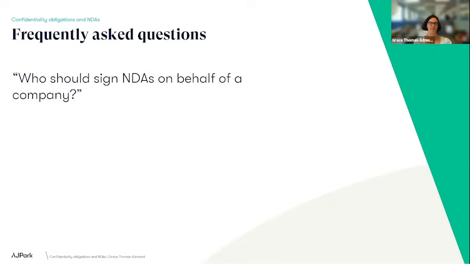If you're thinking about overseas entities, I'd be a bit more careful and do a bit of research into who can sign on behalf of whatever kind of entity you're dealing with. Especially where you're dealing with a big company, you don't want it to be signed by someone well down the food chain of authority, or ask them to show that they have that authority to sign. You can always do that.